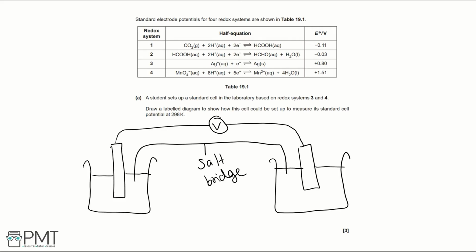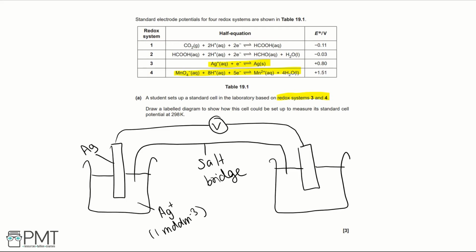We're told in the question we're using redox systems 3 and 4. Looking at 3 and 4, we can see that we've got silver and silver ions in redox system 3. So we're going to have a silver electrode and silver ions in the solution, and they're going to be 1 mole per decimeter cubed concentration.